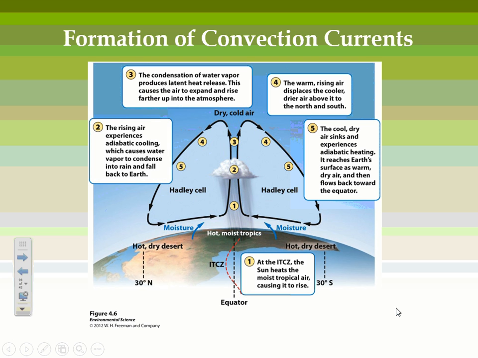So here's that example of the Hadley cell. We're over the tropics, and that hot air is rising. And once it gets to a certain latitude, then it condenses and cools. So as it cools, it's also releasing that moisture. At a certain altitude, that air is super dry, it's become cold, and so it descends.